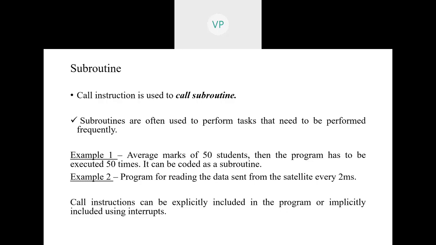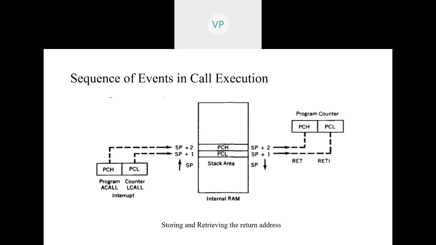It will go to the interrupt service routine, run that subroutine, and come back. Whether the call instruction is called implicitly or explicitly in the program, the sequence of events taking place remains the same. The first thing, as I said here, whenever there is a call instruction, the processor will stop running that program, right?